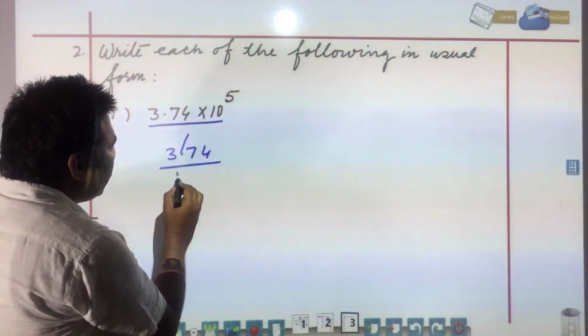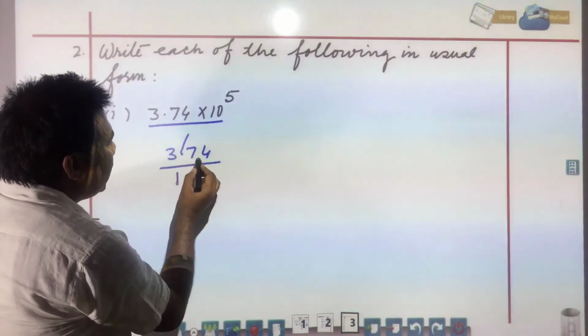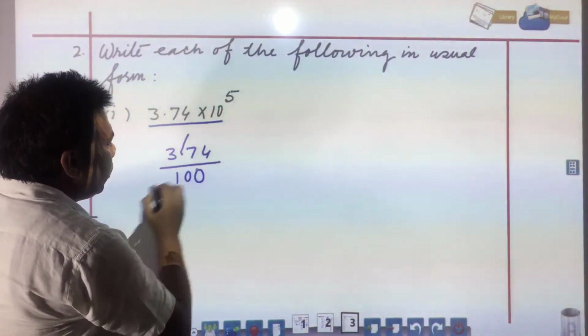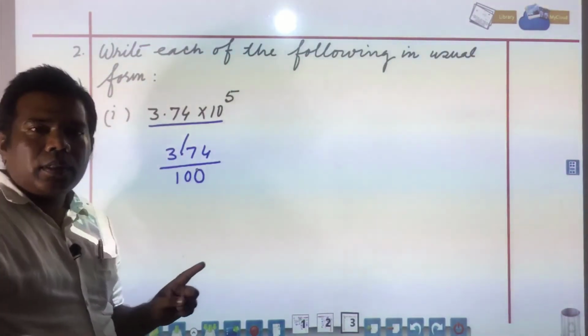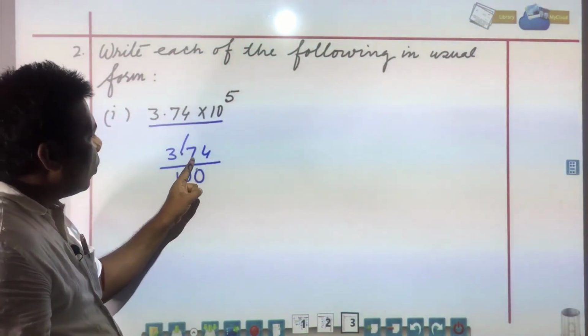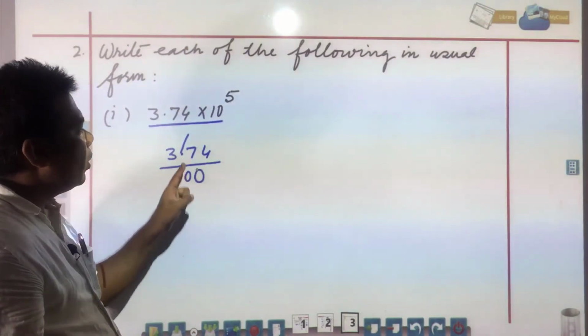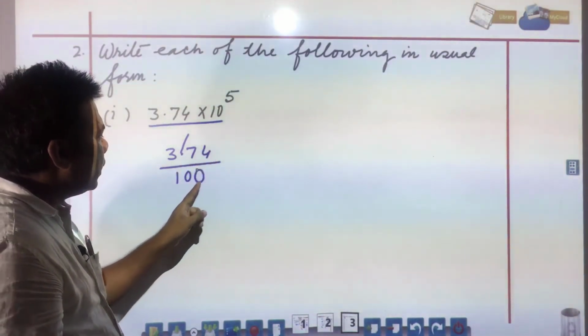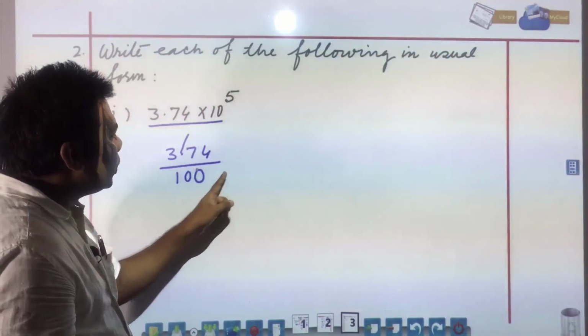For the decimal you put 1, and after the decimal how many digits do you have? 1, 2. So this is required to be put over here as 2 zeros. After the decimal, if one digit is there, 1 zero will be there, two digits, 2 zeros, 3 digits, 3 zeros, 4 digits, 4 zeros, and so on.